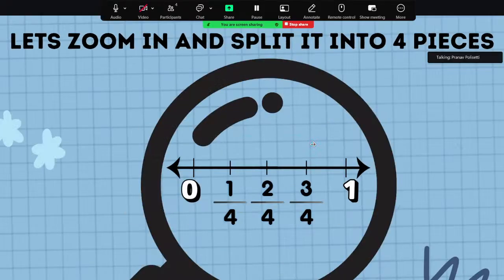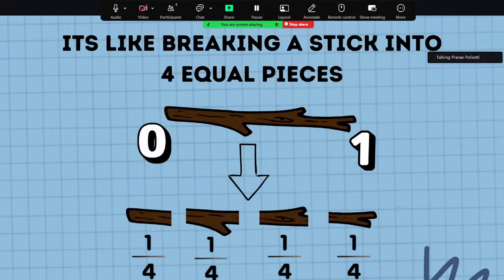So we're kind of zooming into the number line we already learned, and we're asking ourselves what is in between these whole numbers that's even smaller than them. So I have a visual for you guys, the same stick visual. If we have the stick and then we break it into 4 equal pieces, because let's say we want to give each of our friends one equal piece of that stick.